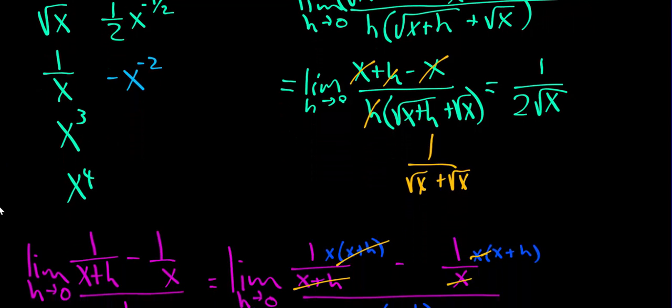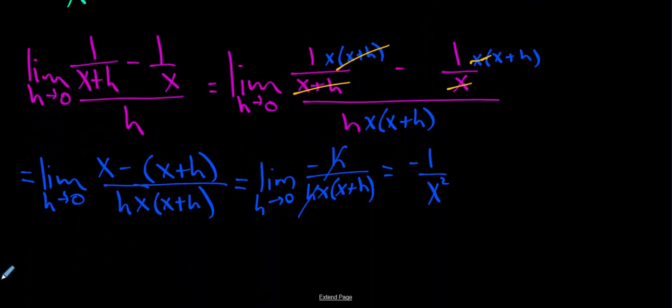Okay. Now we want to try x to the third and x to the fourth. Now remember, those are where you expand out the binomial, either using Pascal's triangle or that theorem that I gave you. When you expand out those binomials, you've got to get the exponents and the coefficients. Those are the two things.